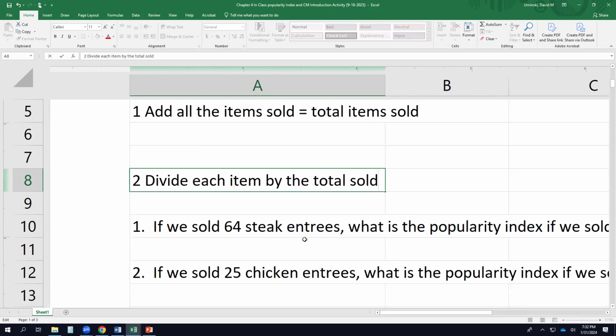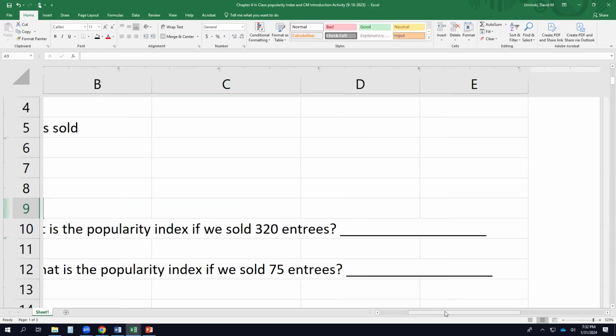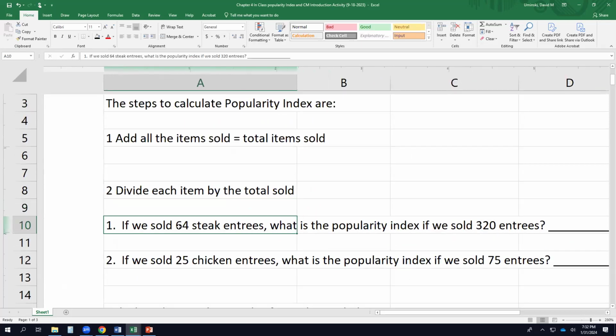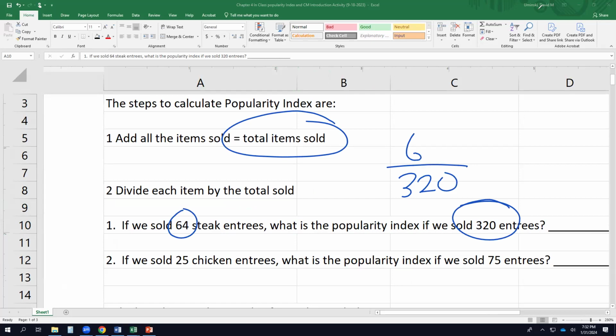So let's use this first example. Number one, if we sold 64 steak entrees, what is the popularity index if we sold 320 entrees total? I've already added all of the totals for you. 320 is our total items sold, so 320 goes on the bottom and 64 goes on top.